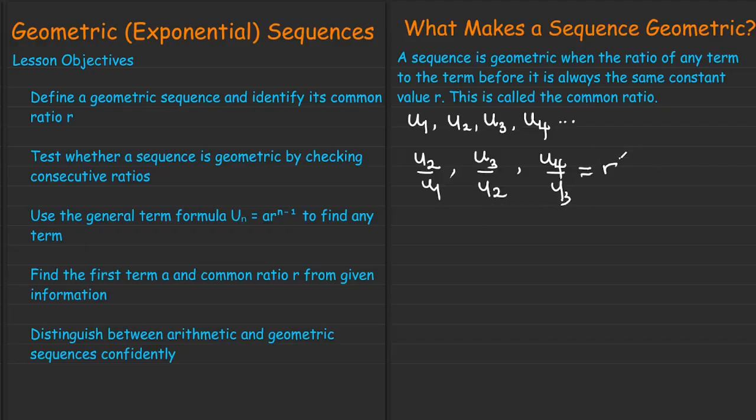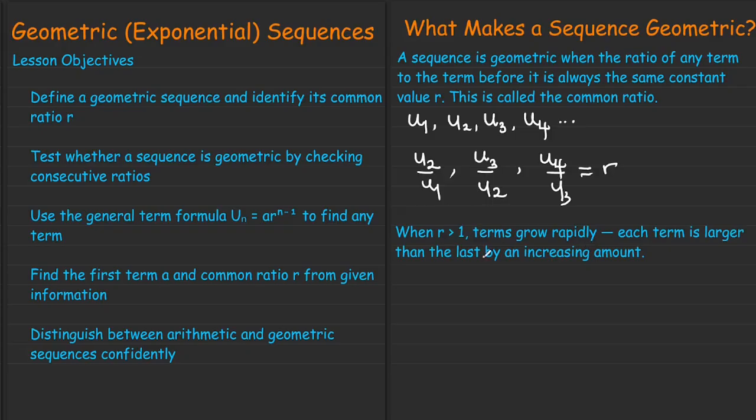Now, the value of R affects the kind of sequence we have. First of all, when R is greater than 1, the terms grow rapidly. We say that each term is larger than the last term by an increasing amount. A typical example is 2, 6, 18, 54, and on and on.